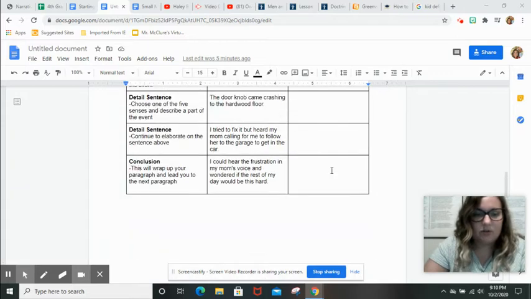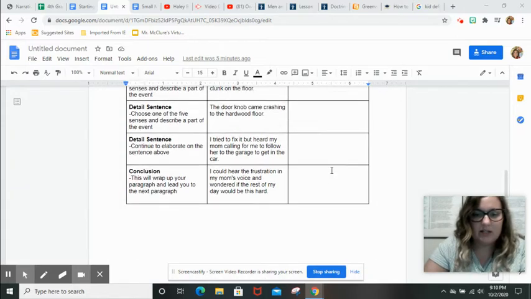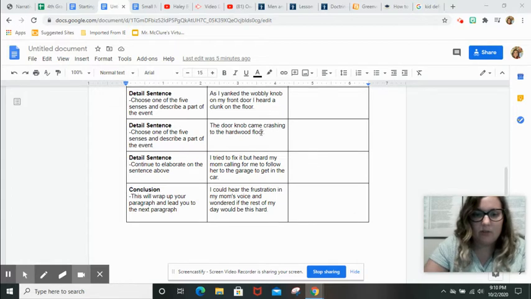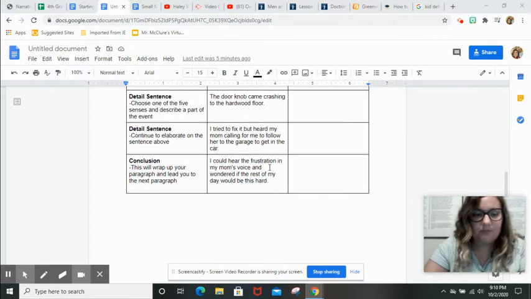At the end of our story yesterday, we ended with the boy breaking the doorknob off of his front door, trying to fix it, but hearing his mom call for him to get in the car. And our conclusion sentence says, I could hear the frustration in my mom's voice and wondered if the rest of my day would be this hard.